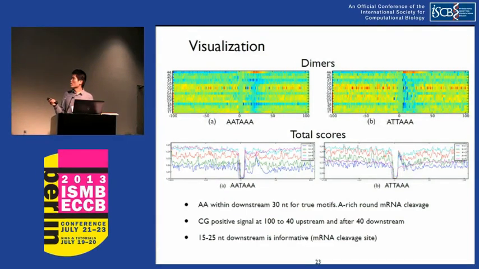So the higher the score, the more discriminative it is. We can also see near 15 to 25 nucleotides downstream, there's a bump here, and it means it is very discriminative.